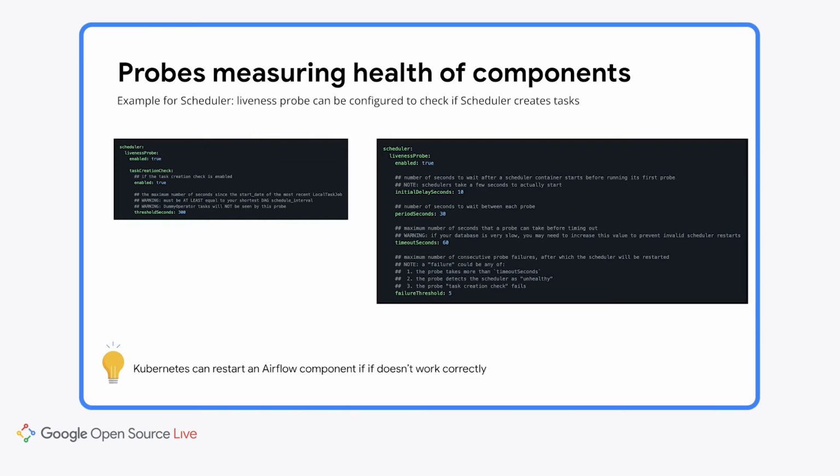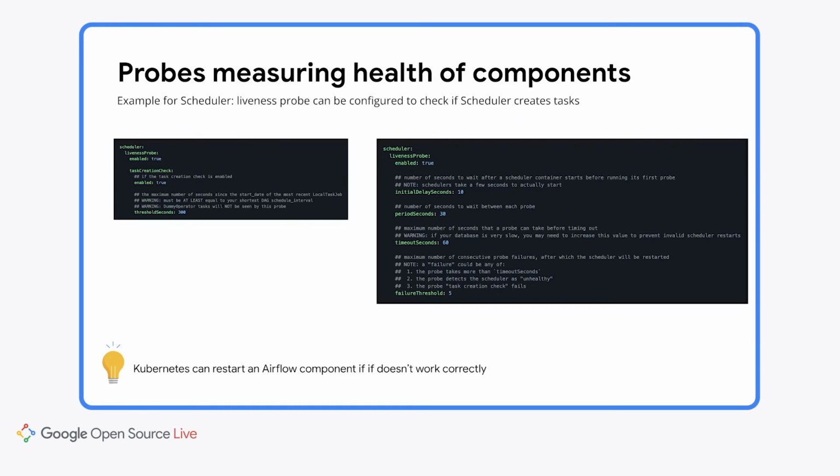And if it can, it means that it can add tasks to the queue, and the executor can pass tasks for execution to workers. On the other hand, if the scheduler cannot fulfill this duty, it's a signal for Kubernetes: okay, there might be something wrong with the scheduler. Maybe I can restart it, and maybe it's going to help and auto heal the situation.